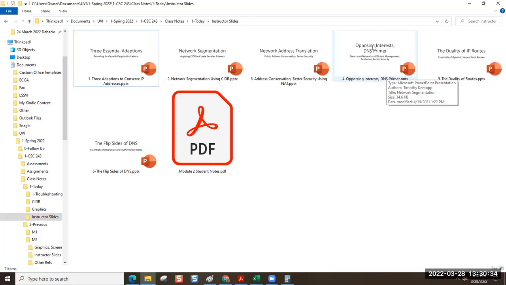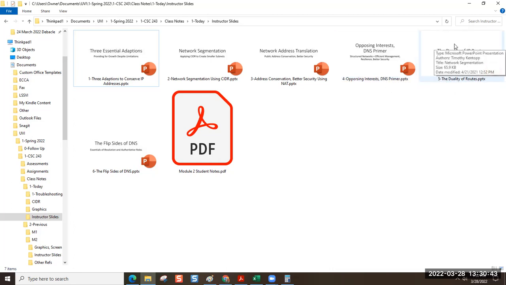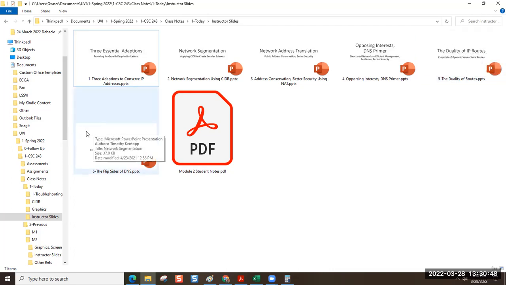We have opposing interests on the public network. And today I want to talk about the duality of IP routes. And then in module 4, I'm going to move this forward where we talk about DNS. In module 4, we're going to be talking about making things accessible, creating named resources on a public IP network, and how DNS is a critical service to make that happen on layer 3.